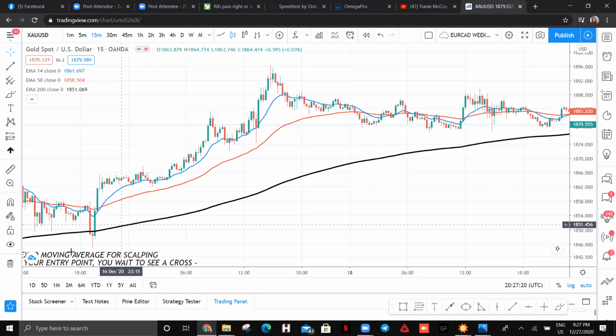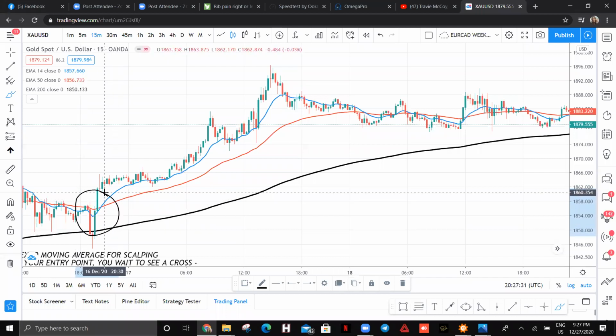Now I'm going to use this place as a beautiful example to illustrate what I wrote earlier. You can see the crossing glaring in your eyes here. The 14 crossed above the 50.